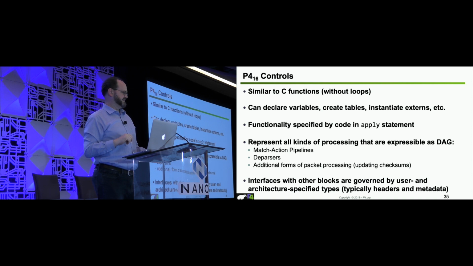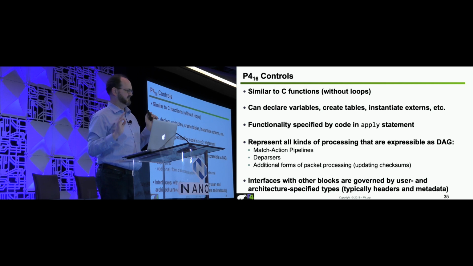Controls represent all kinds of processing that are expressible as a DAG. DAG is, I didn't make these slides, a directed acyclic graph. Don't worry about that. The definition of P4 is that whatever you see in your code, the semantics are as if it were executed sequentially in the order of the statements that you write, just like in a C program. Can a C compiler reorder your code if you turn on optimization levels?